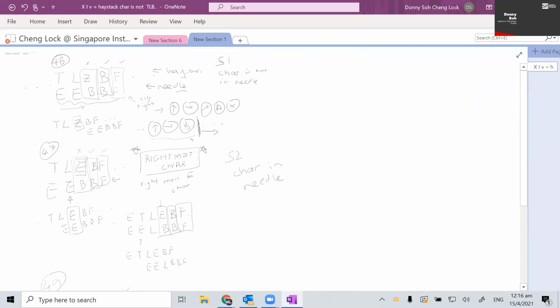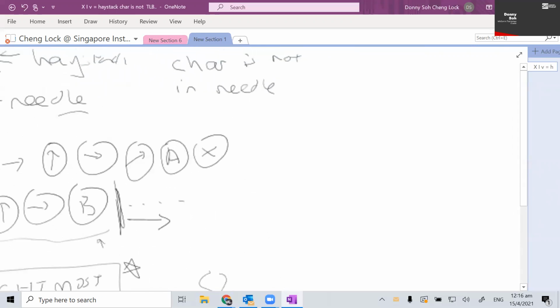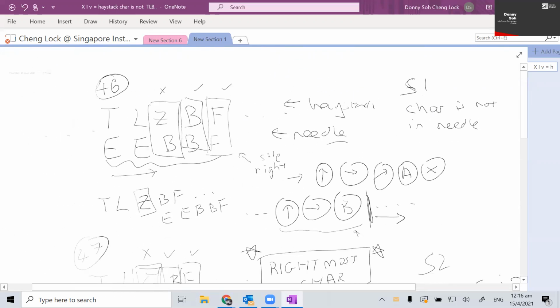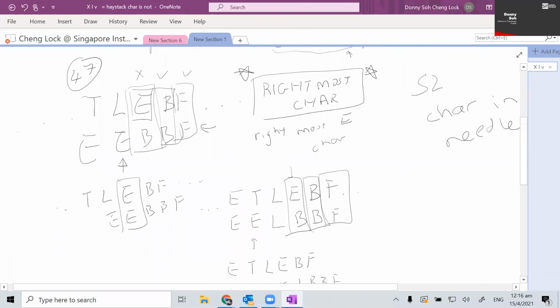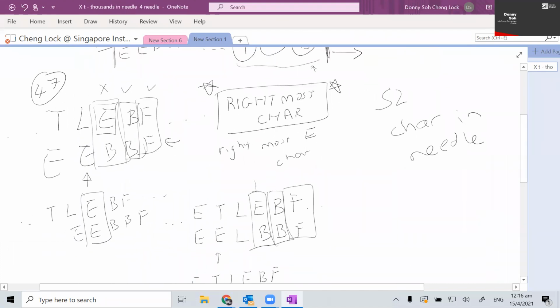So as a recap, for the Boyer-Moore algorithm, you have 3 scenarios. The first scenario is when my character is not in the middle. And when that happens, you shift all the way after the mismatched character. In the second scenario, your character is in the middle, and you would try to align the mismatched character to the rightmost character in the middle.